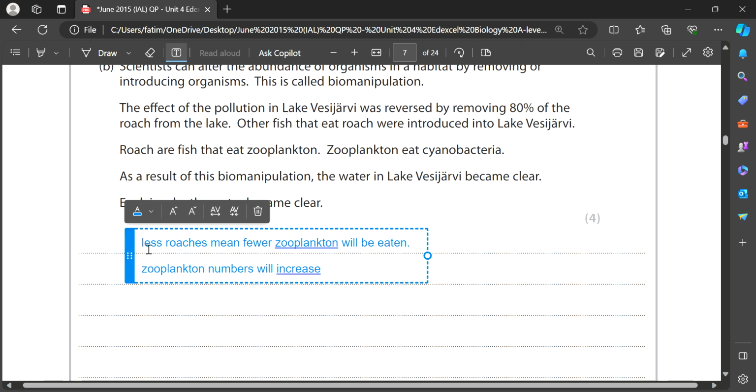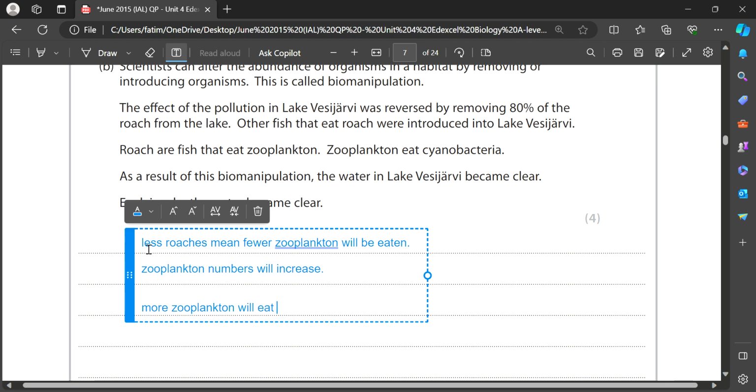More zooplankton will eat cyanobacteria.